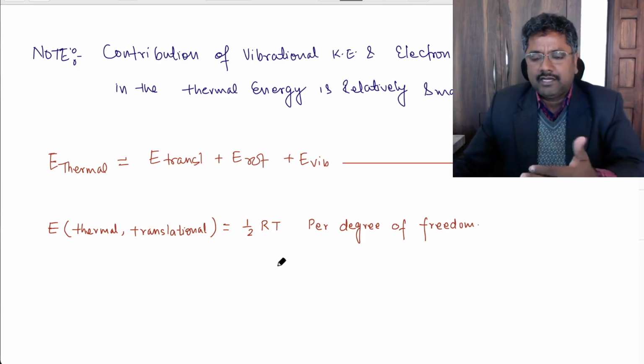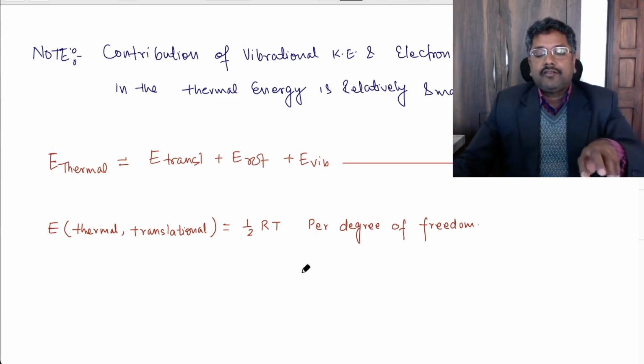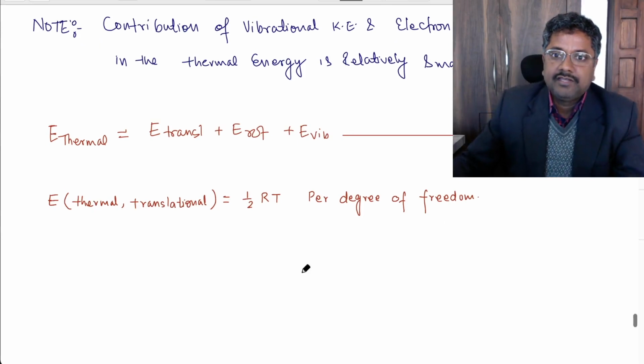So in the coming lecture I will discuss this degree of freedom. But what is the meaning of degree of freedom? Degree of freedom is the different ways a molecule can translate. That is called degree of freedom.